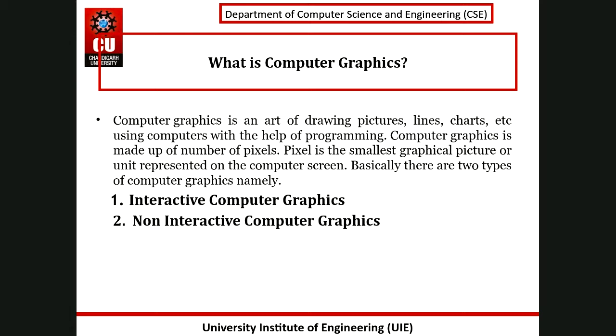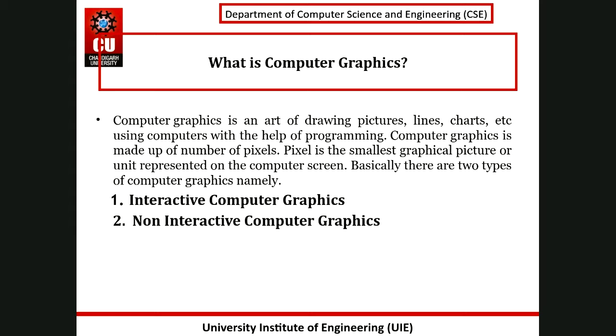Every image formed in graphics is a combination of pixels or points. So every image is a combination of pixels. So it is an interactive branch of computer science that deals with the pictorial representation of data, and we can apply various computational techniques on these images.